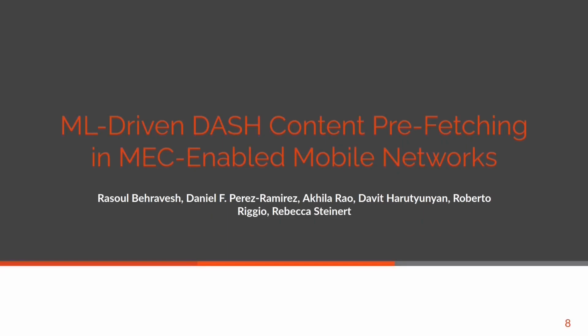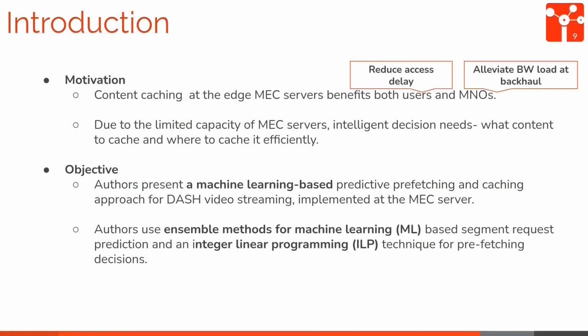The first paper I have selected is titled Machine Learning Driven DASH Content Prefetching in MEC-enabled Mobile Networks. In the previous slide, I discussed that video streaming traffic is the most dominating traffic these days, and in the future it will take a significant portion of the total internet traffic.